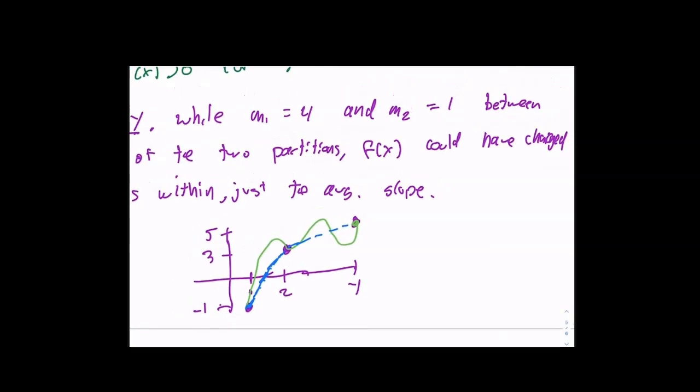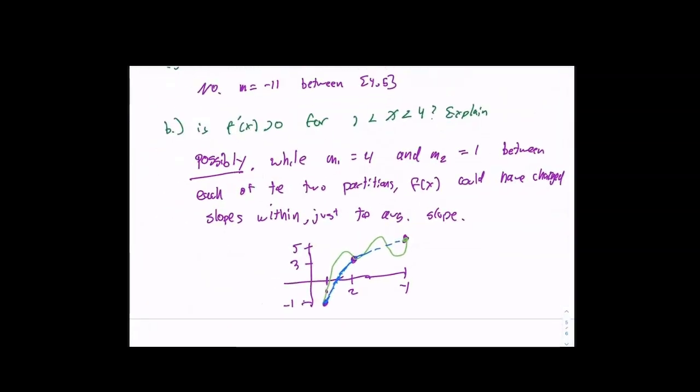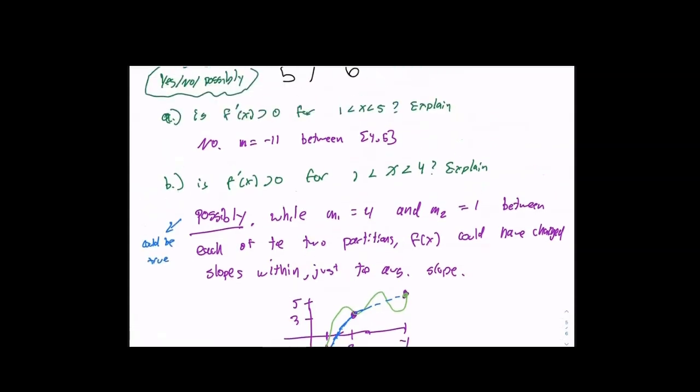We don't know, and that's the big thing about today: what we know and what we don't know. We know that on average it goes up, so it could be true, possibly. But it doesn't have to be true. Over here, we know it can't be true because we have something that breaks it.